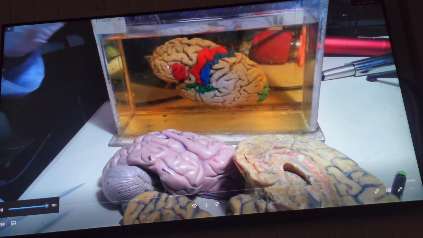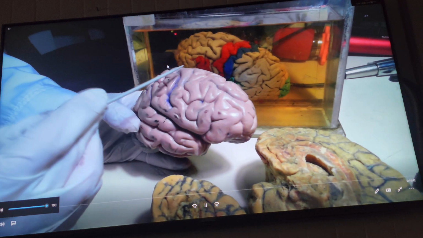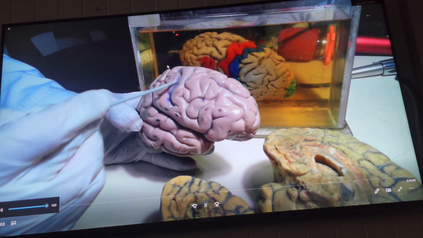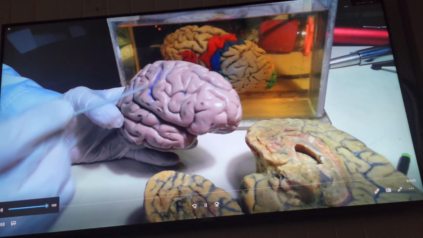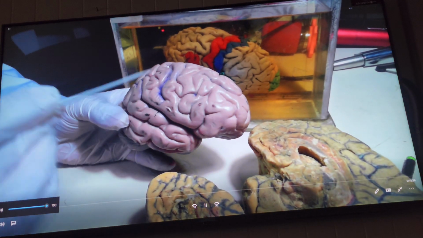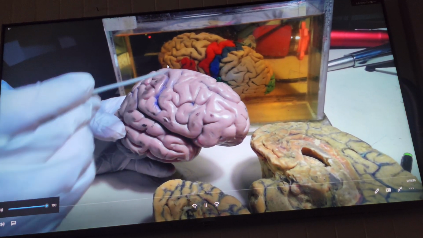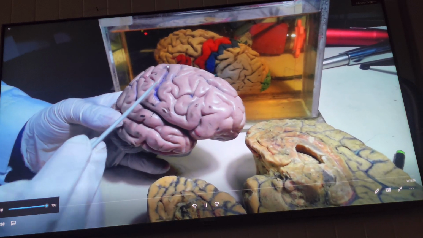We start to describe the functional aspect of the cerebral hemisphere in different lobes. And we start with the frontal lobe.